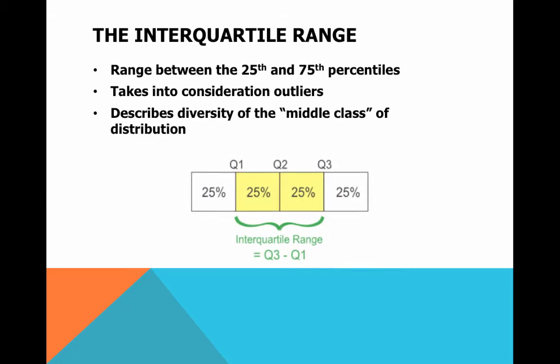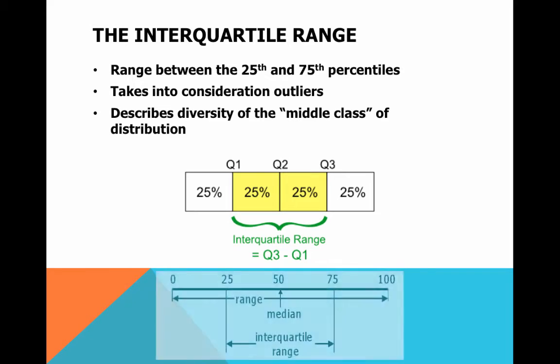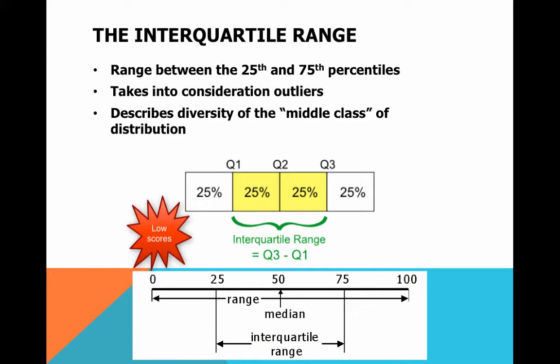So think about this. We have our entire range of scores, all the way from our lowest score at the left to our highest score at the right. It contains 0% all the way to 100% of all of our cases. Well, we know we have outliers, and those outliers are going to be either the highest ones or the lowest ones.